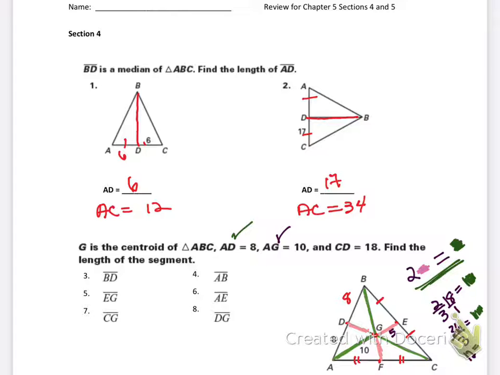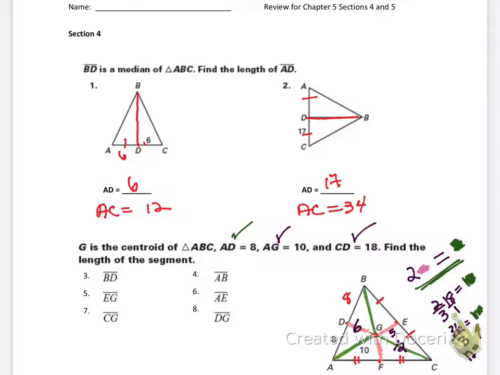So let's fill that in. Okay, so where was that? It was talking about CD, so I just found the bigger piece. So I know that CG is 12, and I know 12 is 2 times the pink, therefore I know that's 6.